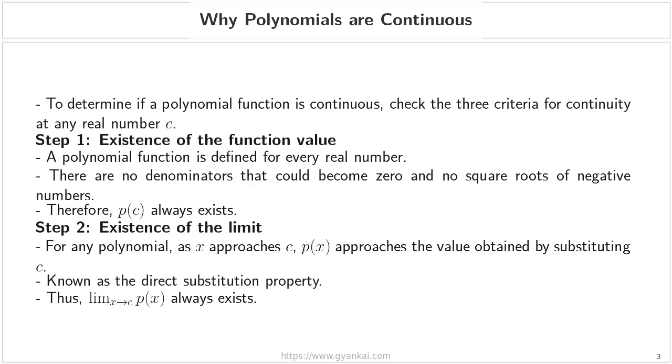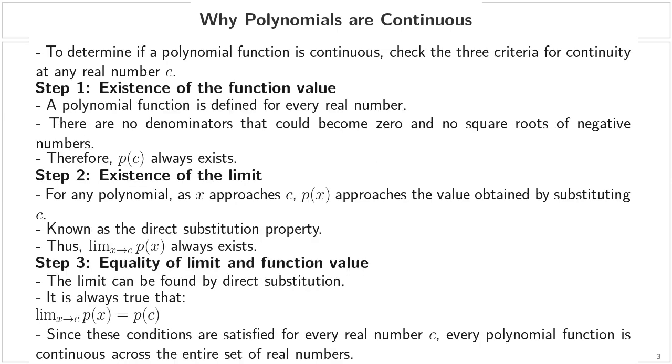Moving on to step 2, the existence of the limit. For any polynomial, as x approaches c, the value of the function, p of x, simply approaches the value obtained by substituting c into the function. This is a very useful rule known as the direct substitution property. Because of this, the limit of p of x as x approaches c always exists. Finally, we reach step 3, the equality of the limit and the function value.